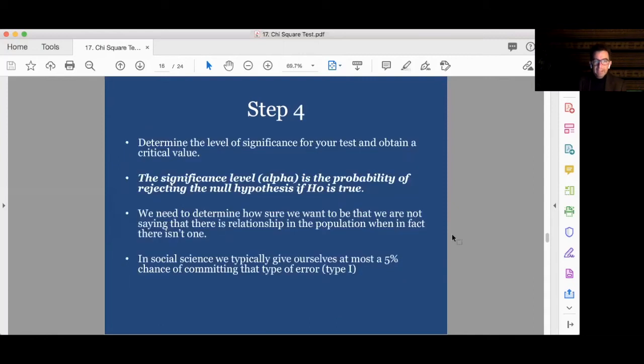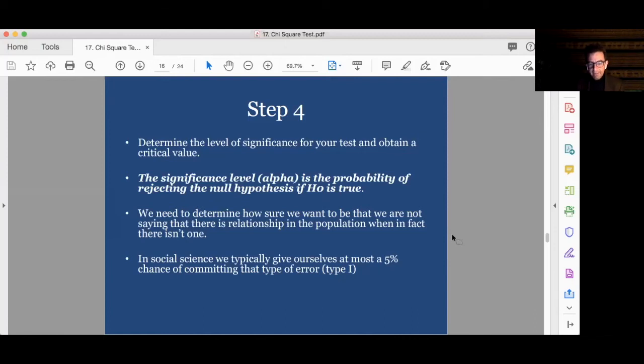All right. In step 4, let's create a decision point, so that if we cross that number, we're going to reject the null hypothesis. We're going to say that our sample did not come from a population where there's no relationship. Now, we can make a mistake.